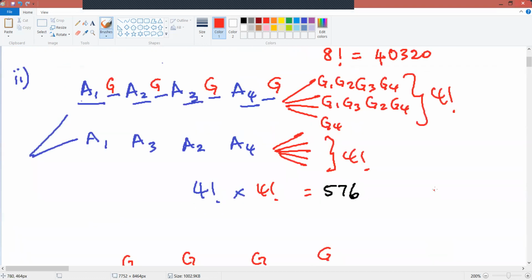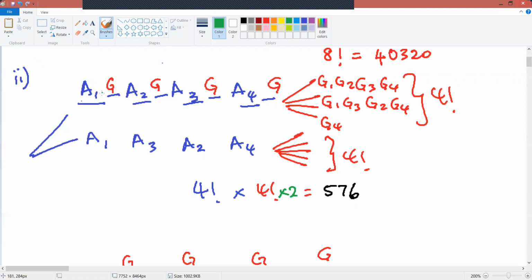Only that these two methods are not perfect yet, because we miscalculated one more thing. You have to multiply by 2. Why multiply by 2? Because I overlooked one thing.